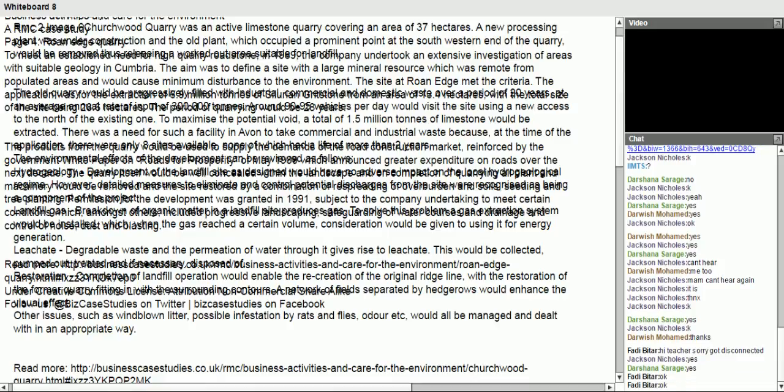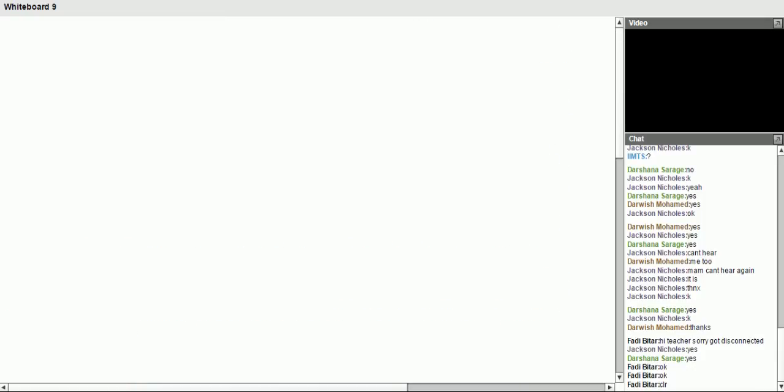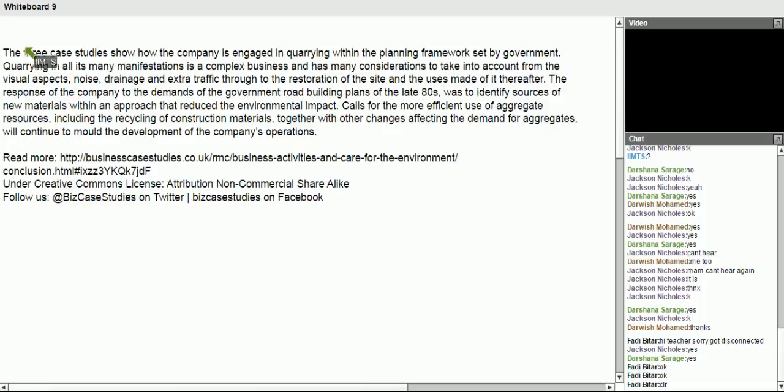Most of the companies engaged in quarrying, who are extracting minerals from the environment, should restore the site. They should plant trees there rather than just doing their work and running away, right? The three case studies show how companies engaged in quarrying work within the planning framework set by the government.